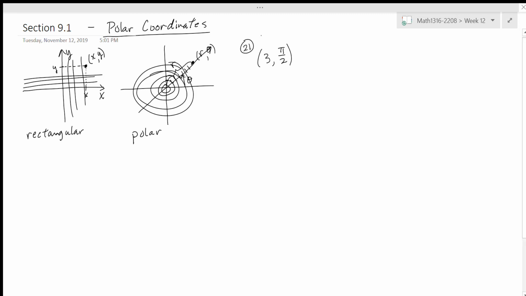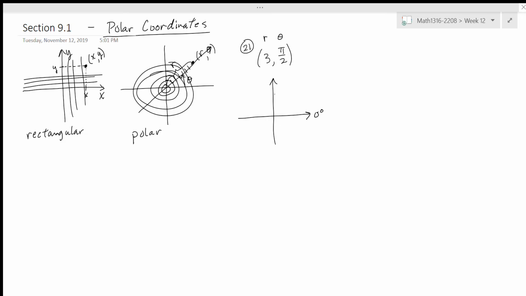So does everybody see that this is a radius and this is an angle? Now the first thing that I have to do is I have to locate which direction is pi over 2. Well, if this is 0 degrees or 0 radians, then we know according to the unit circle, pi over 2 is straight up, right?